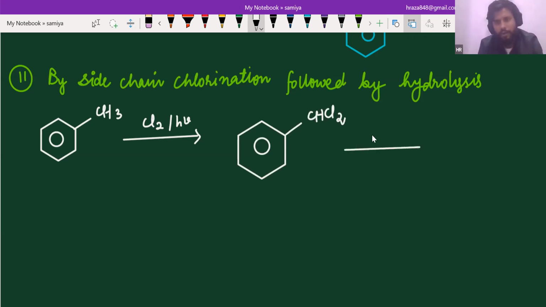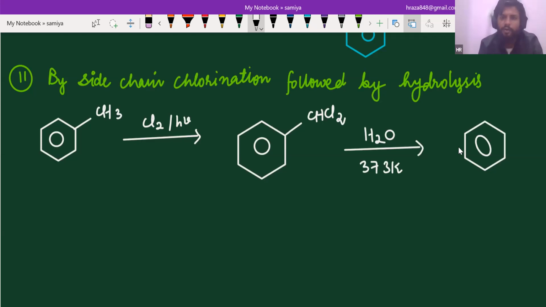If you pass it through H2O at 373 Kelvin, that means high temperature, 100 degrees centigrade, it will be directly converted into this carboxylic acid. Sorry, not carboxylic, aldehyde. It will be directly converted into aldehyde, benzaldehyde again. So this will be your benzaldehyde.